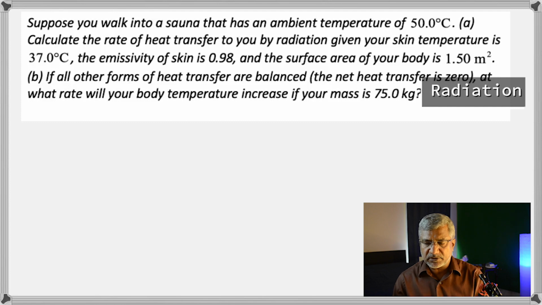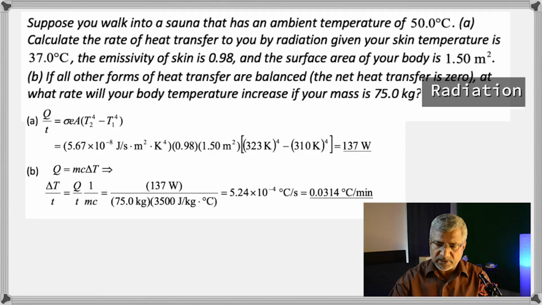Your skin temperature is given. The sauna temperature is T2, and you are the surrounding, so T1 is 37. And it has to be in Kelvin. So you will see all that. Same formula, Q by t equals sigma e A, T2 raised to 4 minus T1 raised to 4. That is sigma, Stefan's constant.